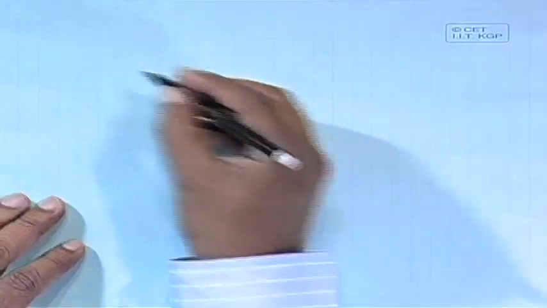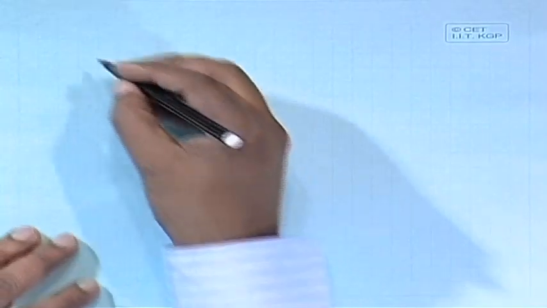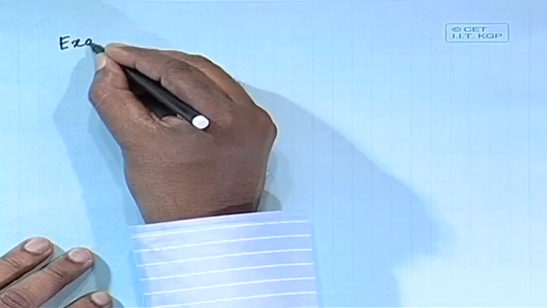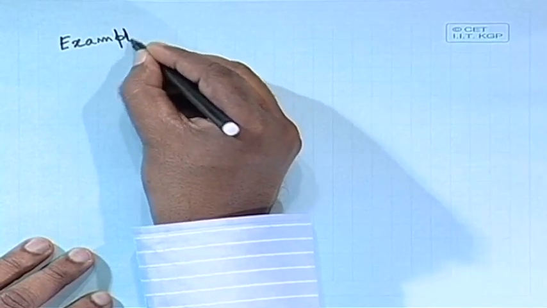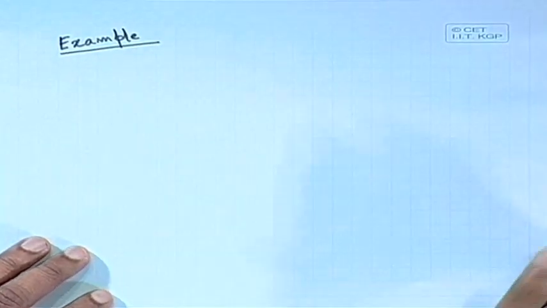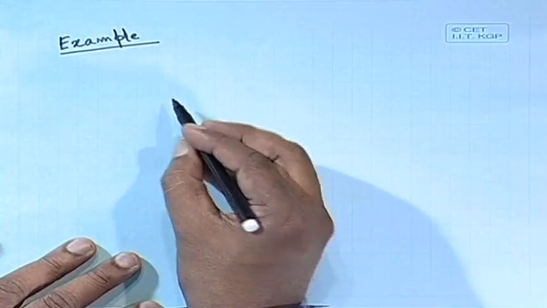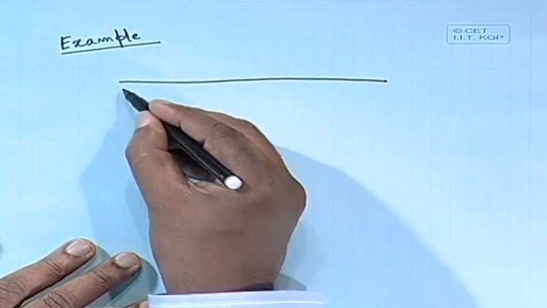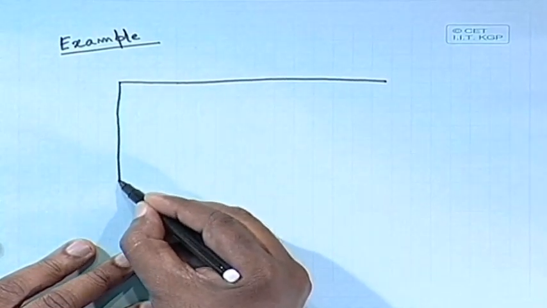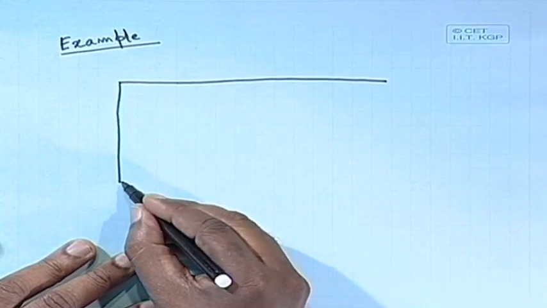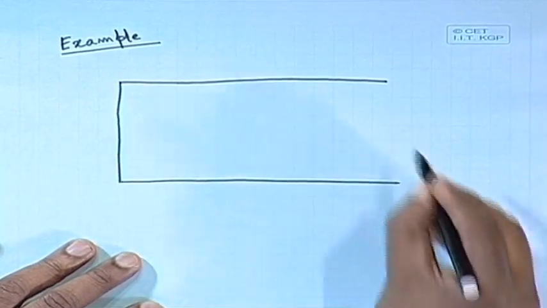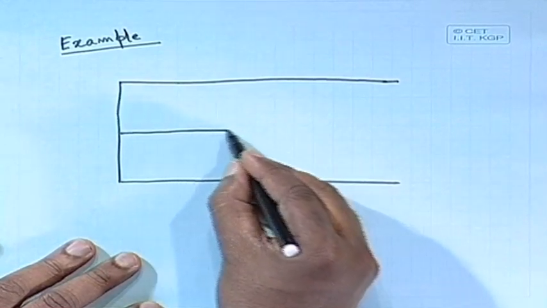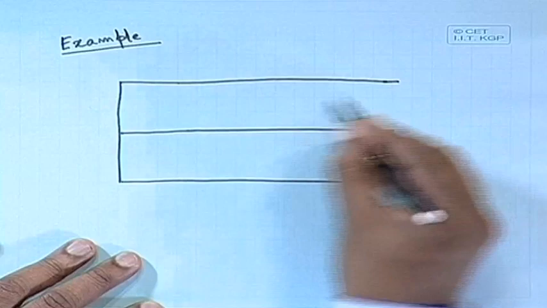So, let us take at least one example problem for a two-way slab with so many cases. Let us take just one case.